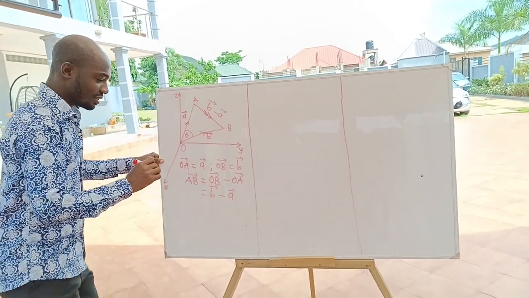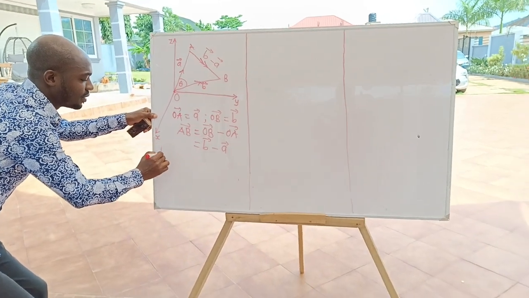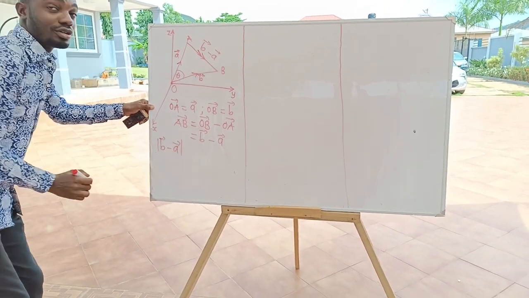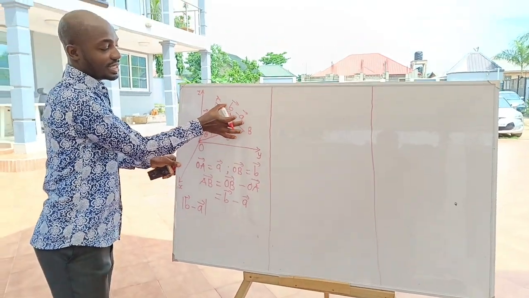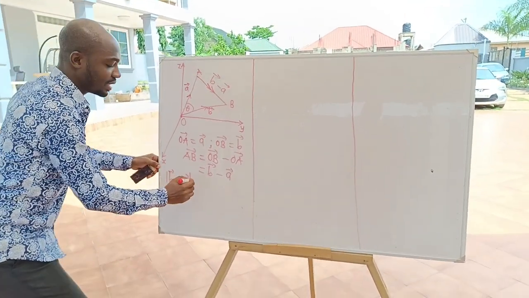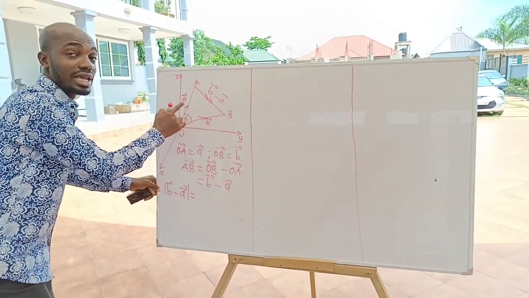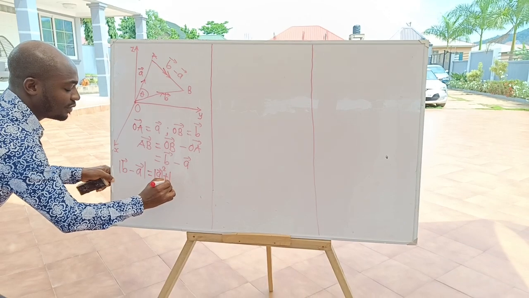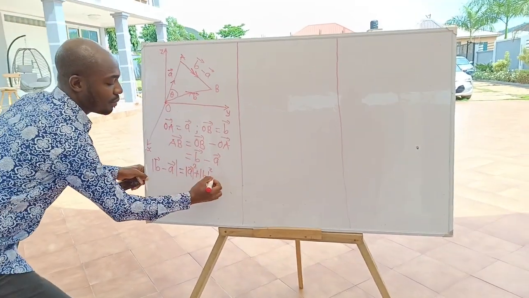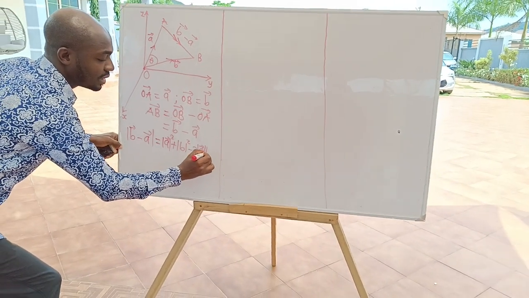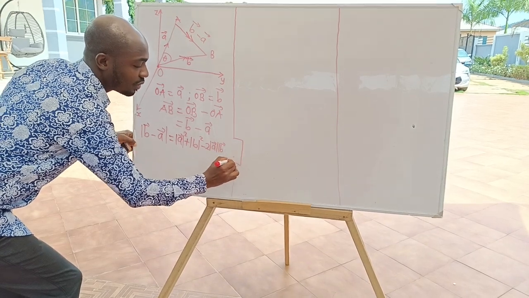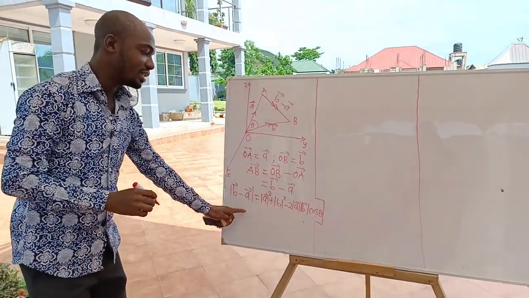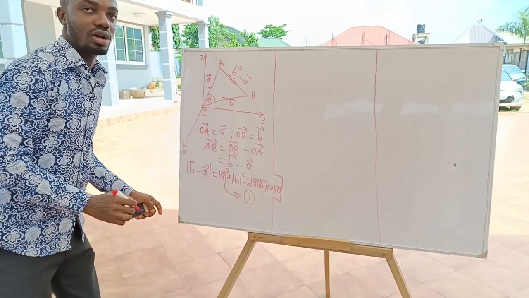According to the cosine rule, the length of this vector, b minus a, is the sum of the squares of these lengths: the length of vector a squared plus the length of vector b squared, minus twice the length of vector a times the length of vector b times the cosine of the angle between a and b, which is theta. Let me note this as equation 1.